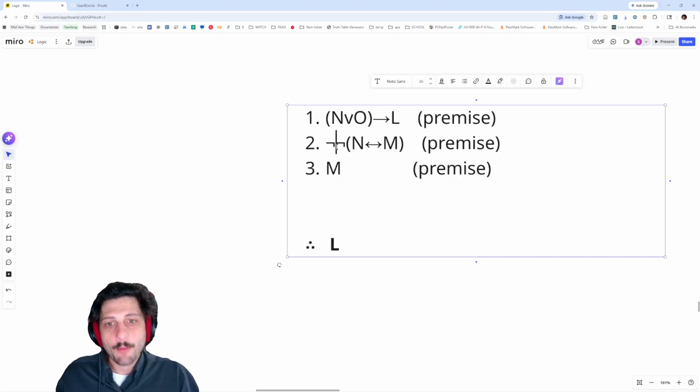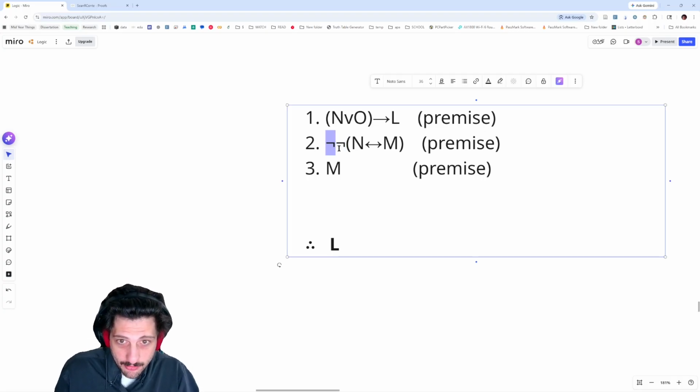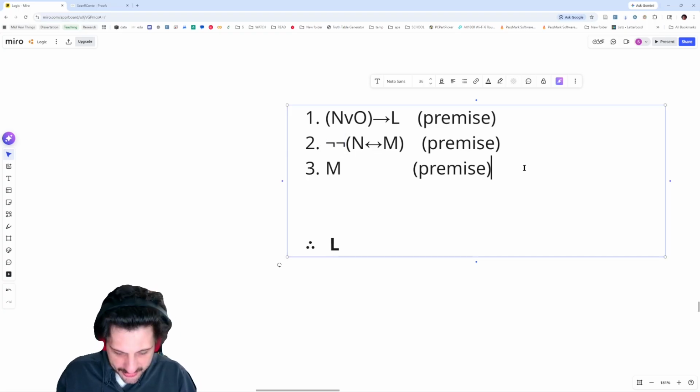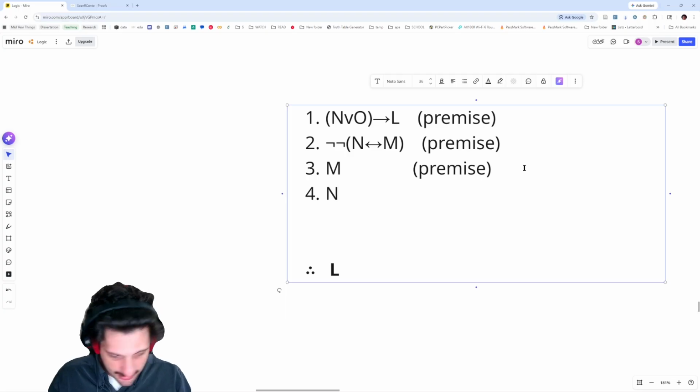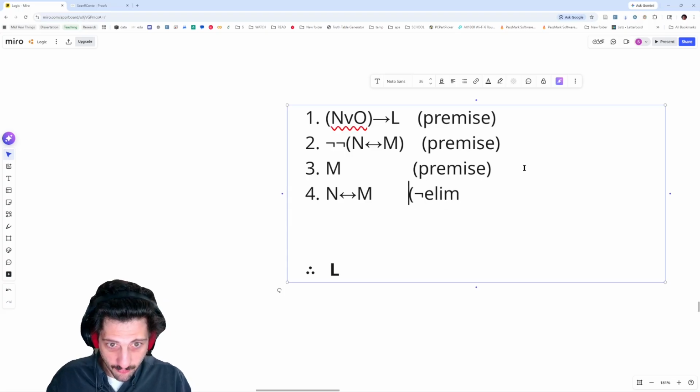But I can do a negation elimination, because these negations are sitting on the outside, the main operator followed by another one. So the first thing I can do is simply N if and only if M, and this is just negation elimination from line 2.